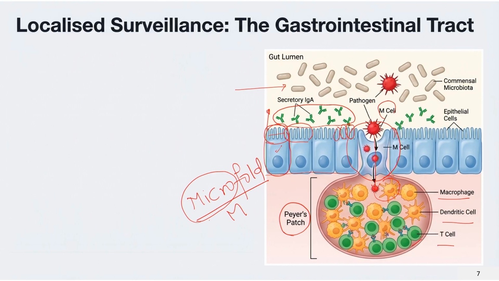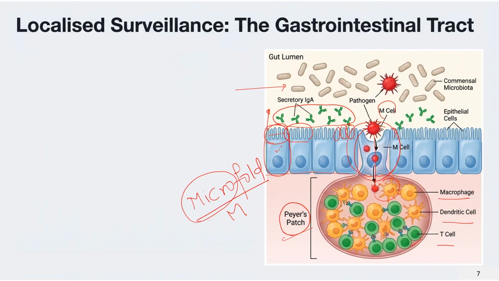For example, the T cell can recognize this antigen as foreign and try to destroy it right there. Therefore, these Peyer's patches are important, and these M cells are very critical because they give passage of the pathogen to the next level, which allows the destruction of the pathogen there.